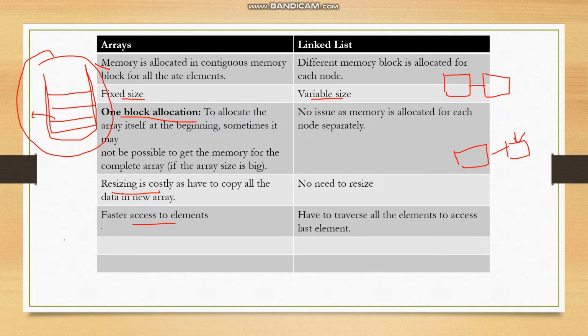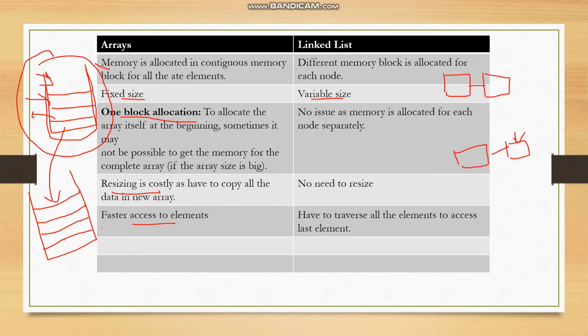Say we have created an array of 10 elements, and we have filled all the 10 elements and now we have to fill next elements. So what we will have to do, we will have to create a new array with more elements, and we will have to copy all the previous array elements into the new array.